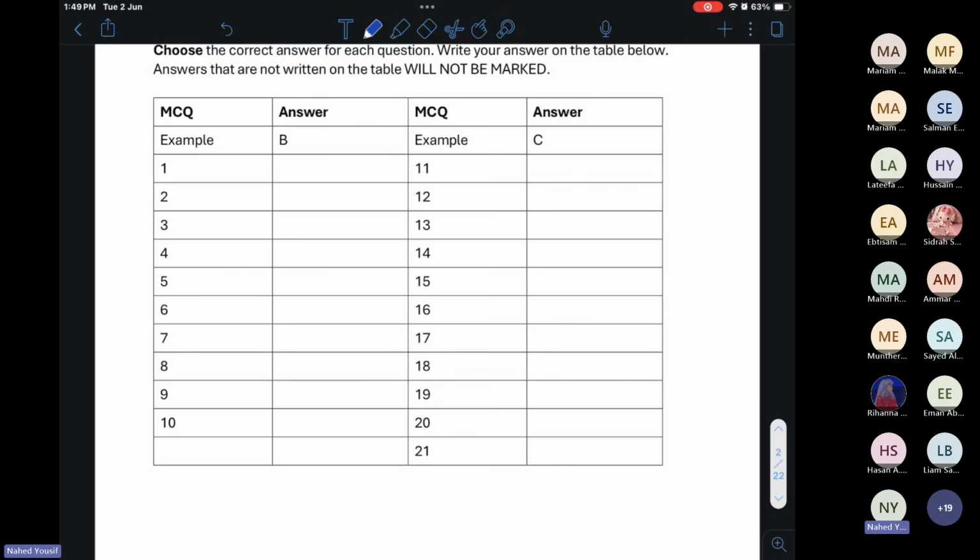You're sending me too late. Till 8 o'clock it's okay, not more, my dear. You can email me, and if you are not getting it even with the explanation, I can meet with you in Teams if I have time.